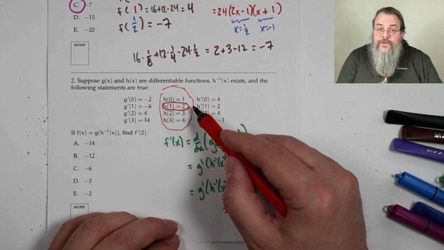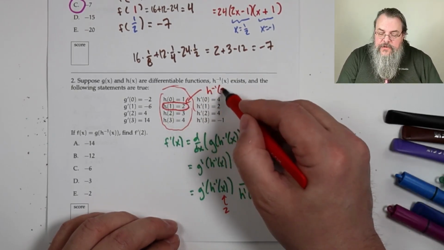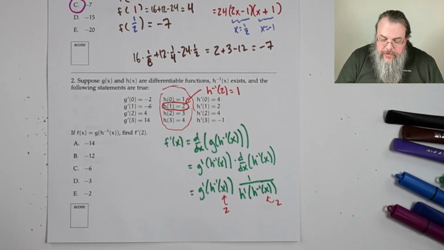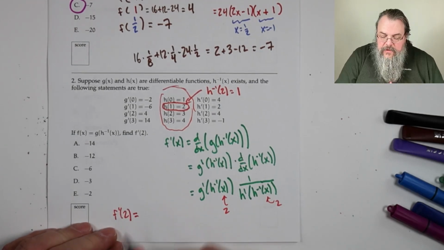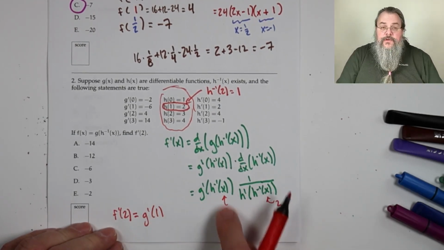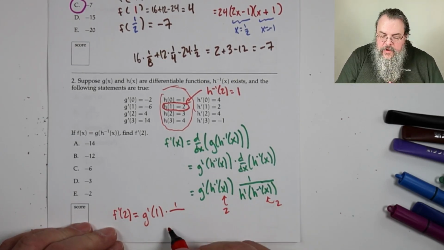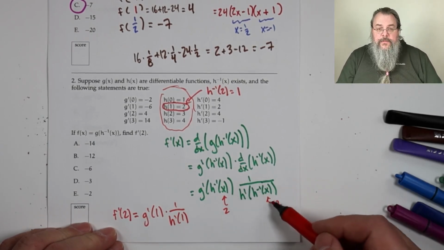H of 1 equals 2. So that tells us, h inverse of 2 equals 1. So at this time we say, okay, so f prime of 2 is g prime of h inverse of 2, which is g prime of 1, times 1 over h prime of 1.